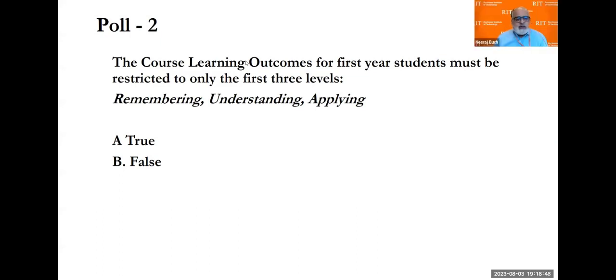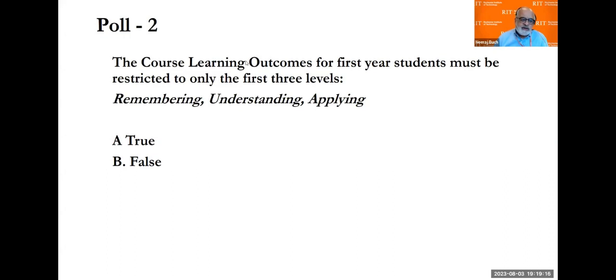I guess there is no black and white answer, but it's definitely not true, because every course, independent of the level of the course, whether it's a first-year, second-year, third-year or fourth-year course, depending on the type of course, can incorporate all six or some combination of the six cognitive levels of Bloom's taxonomy.